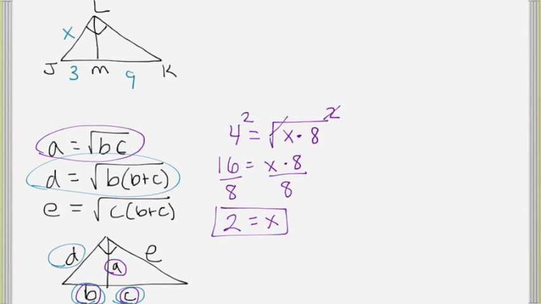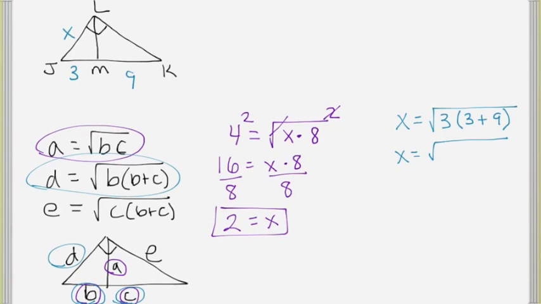So we're going to plug in what we know. D we don't know. That's our x. Square root of B, which is 3, times B is 3 and C is 9. Order of operations says we have to do what is inside of parentheses first.